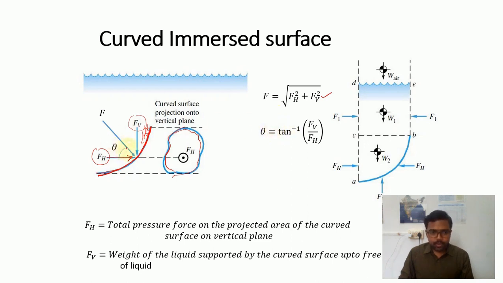Inclination with the horizontal is theta, so theta is tan inverse of the vertical component of force divided by the horizontal component of force. In the triangle of forces, tan theta is opposite by adjacent side, so it is FV by FH, and theta is equal to tan inverse of FV by FH.